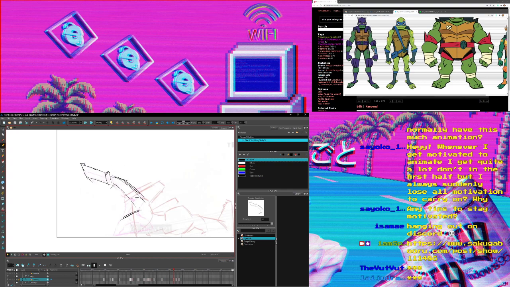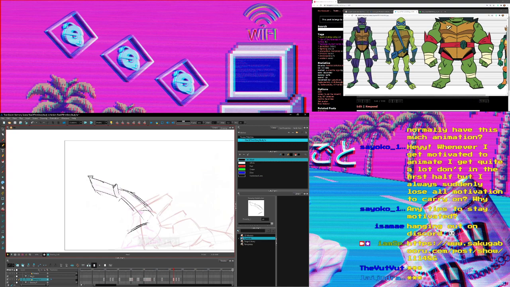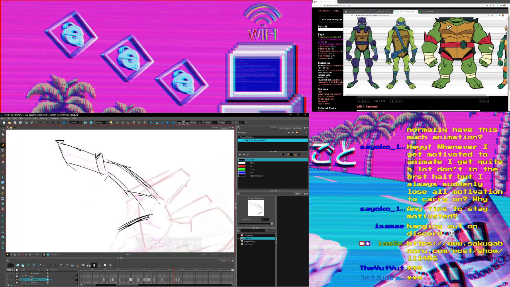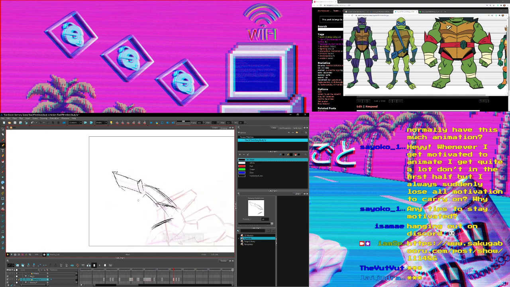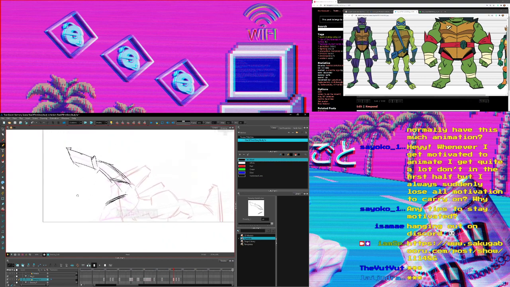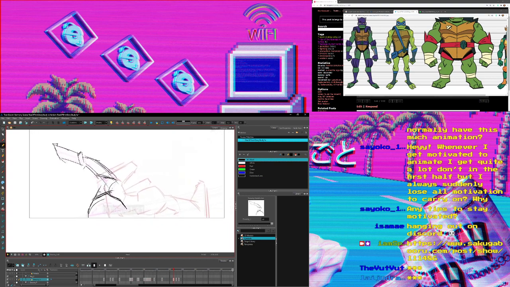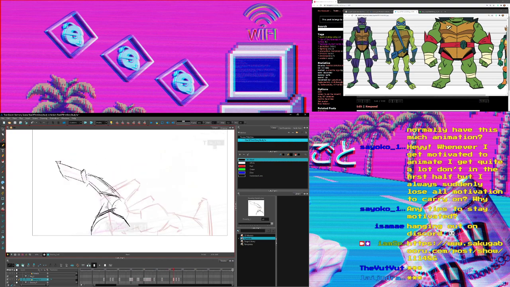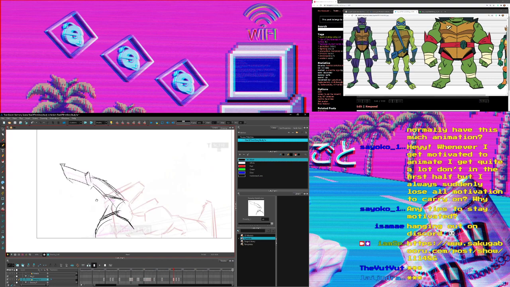I like how the villain right here, the story artist, incorporated a hip tilt and a shoulder tilt that are counterposed to each other. There's a good feeling of him swinging the sword using the muscles of his legs to swing his upper body.